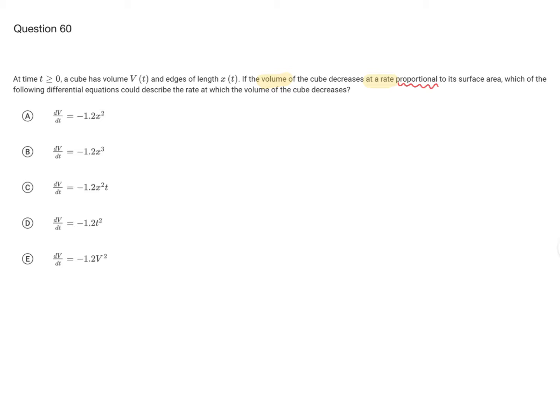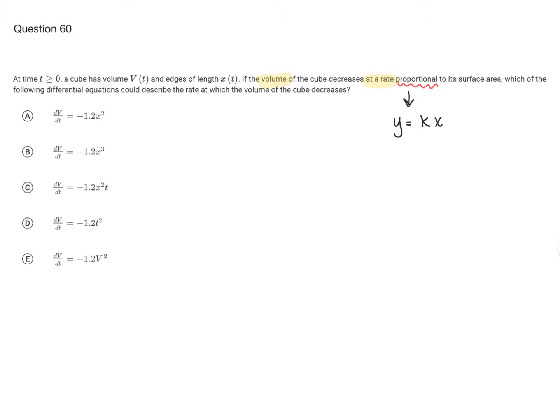And not even knowing the volume formula for a cube is fine, because that's not really what it's asking. What it is asking, however, is that it's proportional to something. So you're going to have to dig deep to remember that the idea of proportionality says that our two values need to be related by a factor of k.